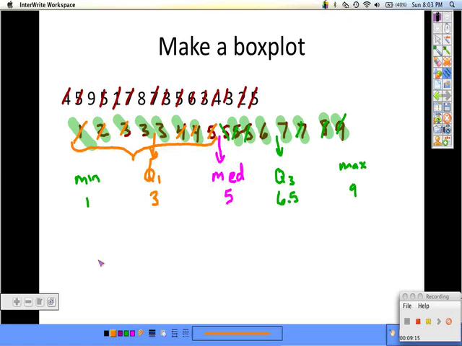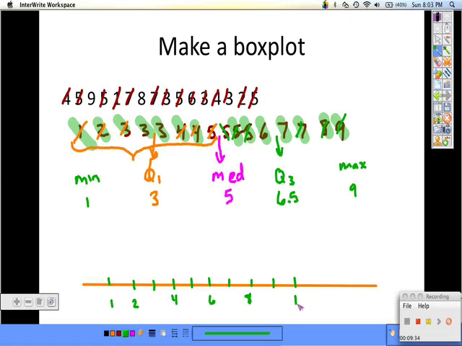To make my box plot, I want to create a scale. And above each one of the numbers in my 5-number summary, I'm going to put a vertical mark.